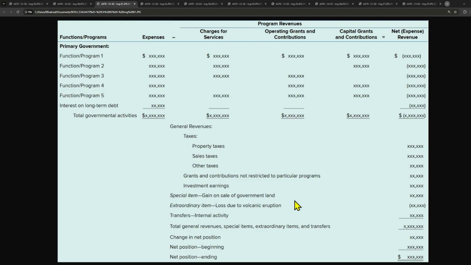The other thing about the extraordinary item that I'll point out is that we used to have this in GAAP accounting. We used to have the term and the account called extraordinary items that would be included on the income statement, but we no longer have it because companies abused this particular account and they were basically stuffing all of their things that they didn't want people to look at too closely into extraordinary items.